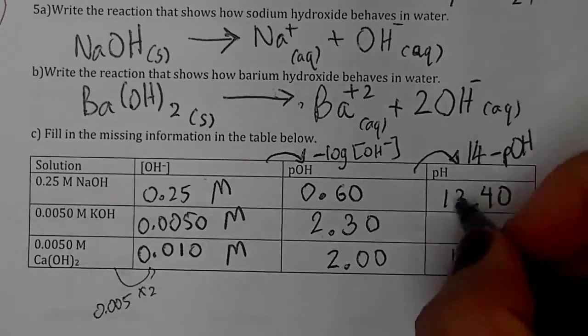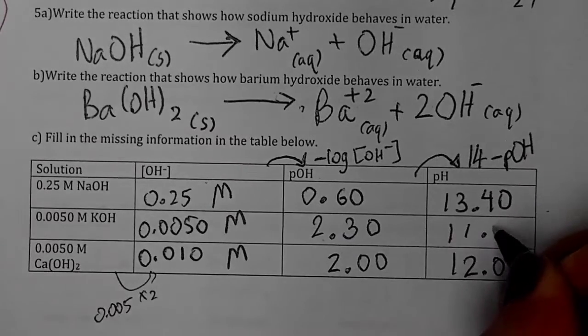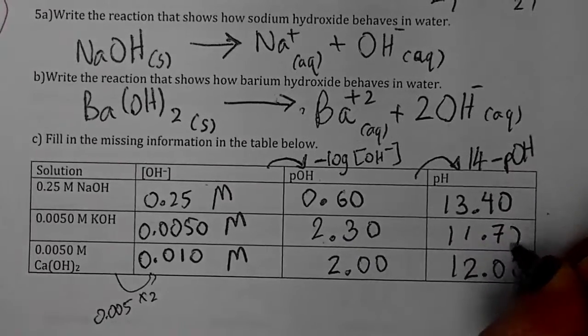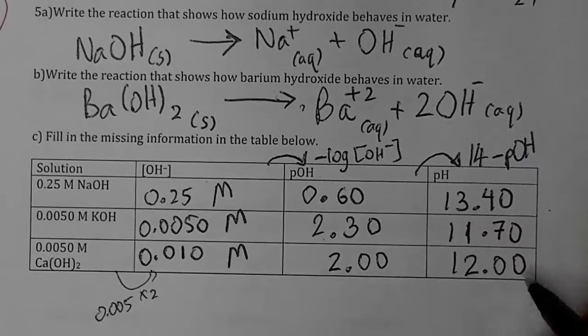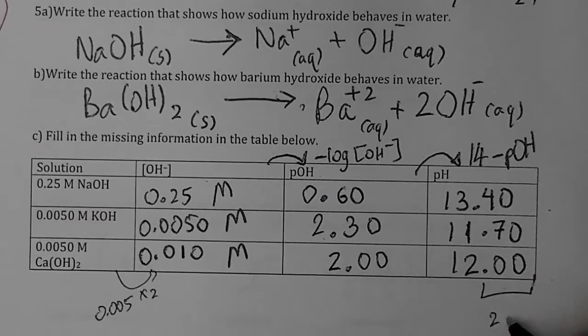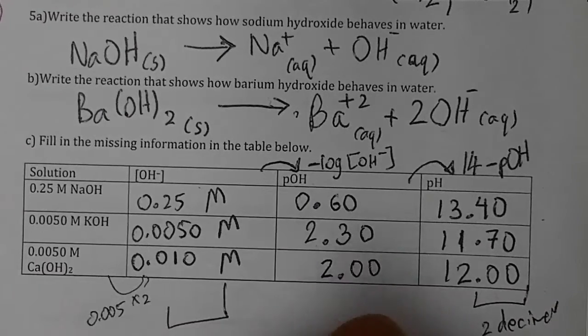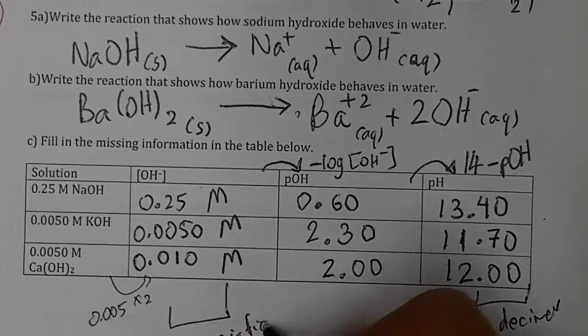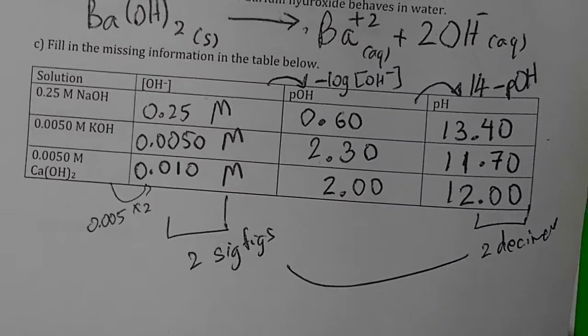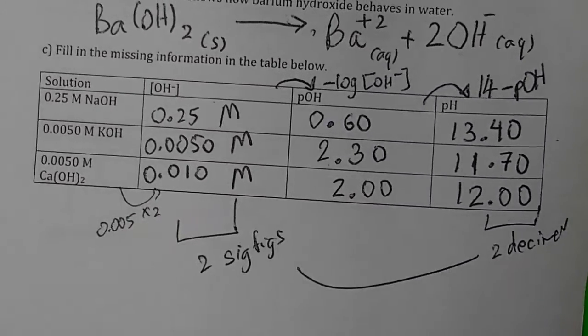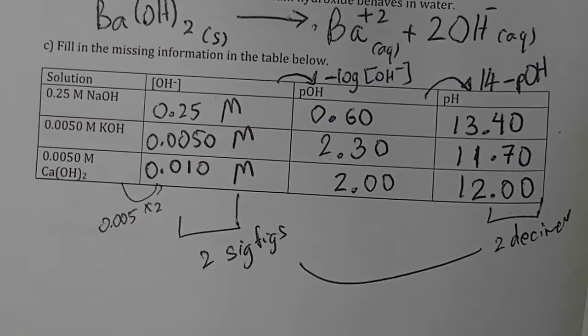So we're going to get 11.70. Okay? 2 sig figs, so 2 decimals. That is 2 decimals here, meaning there are 2 sig figs here. Make sense? All right, let's go to the next one.